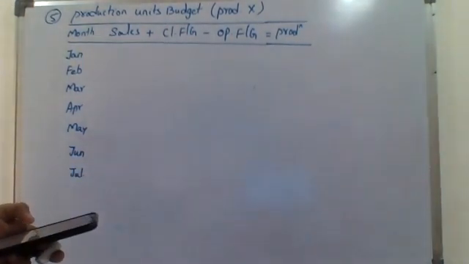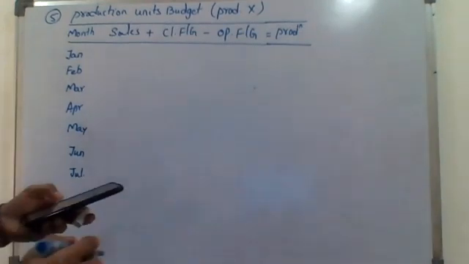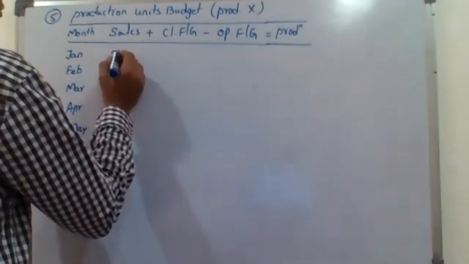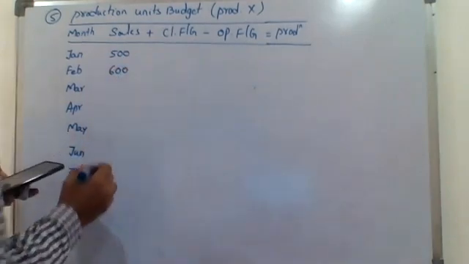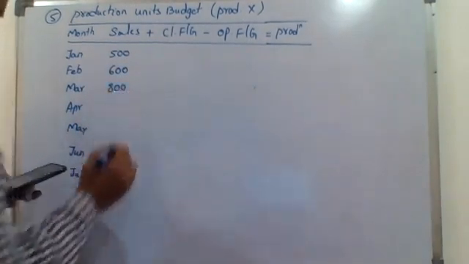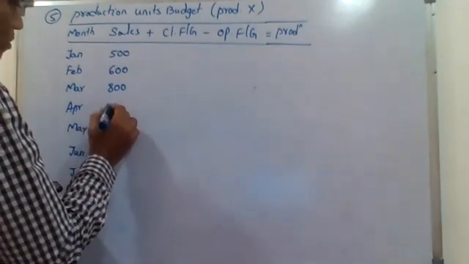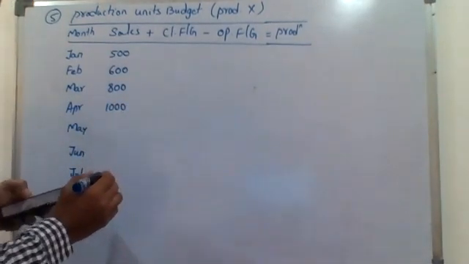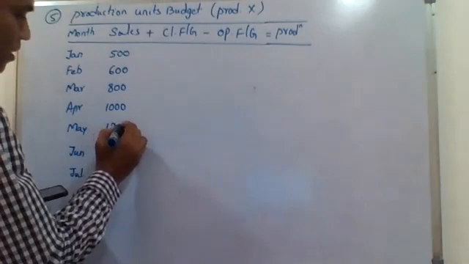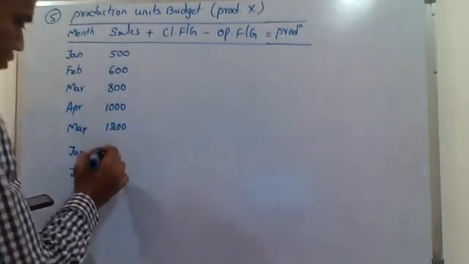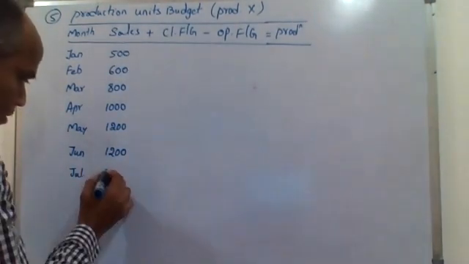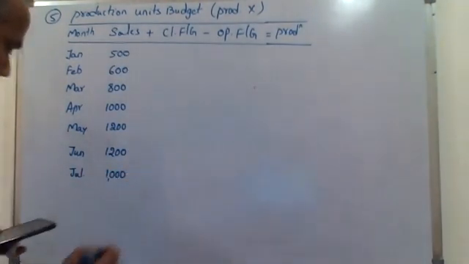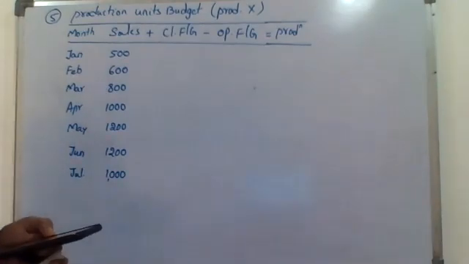Then the sales information are 500 units in the month of January, 600 units in February, 800 units in March, 1000 units in April, 1200 units in May, 1200 units in June, and 1000 units in July. This is the data available with us.